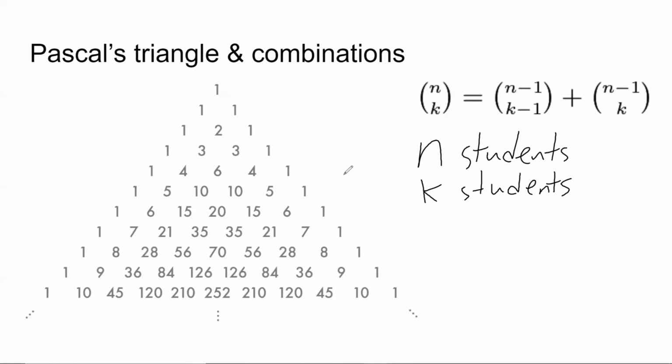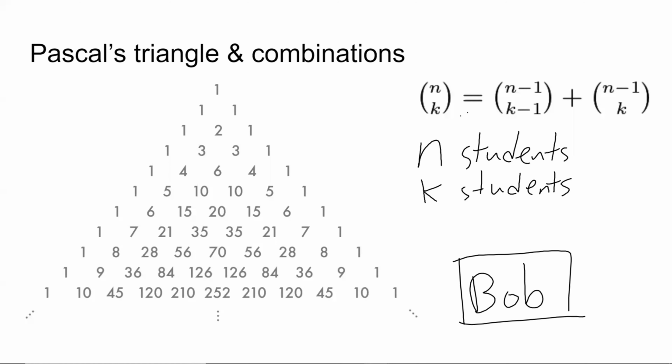Let's say we have this student named Bob in the class, and we're trying to decide whether or not he should be sent to the principal's office, right? So one of these cases, n-1 choose k-1, and n-1 choose k. One of the cases is if we send Bob to the principal's office, and one of the cases is if we don't send Bob to the principal's office. So can you guys figure it out now?